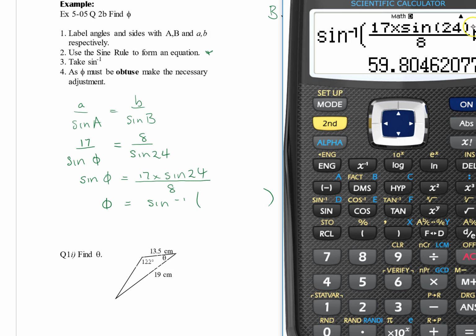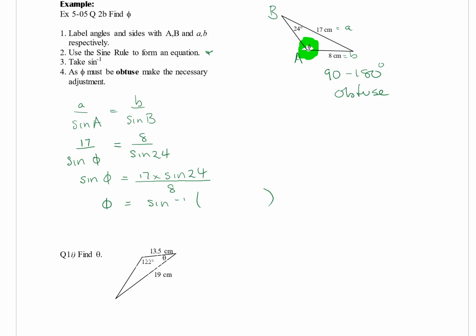The first time, it didn't have that bracket there, and when I pressed equal after having put the 8 in, it sent an error message. So if you get an error when you do this, it could be because you haven't closed the bracket there on the 24. So as you can see, I'm getting, I'll just write it as 59.8 degrees for now.